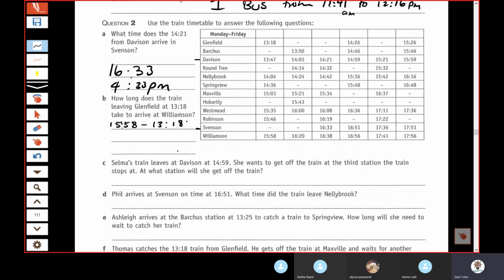We should be able to do it this way. And that is exactly right. So you should be able to plug this into your calculator using your bubble button again. So it should take 2 hours and 40 minutes. Unless we can just say 15 take away 13 is 2, 58 take away 18 is 40.